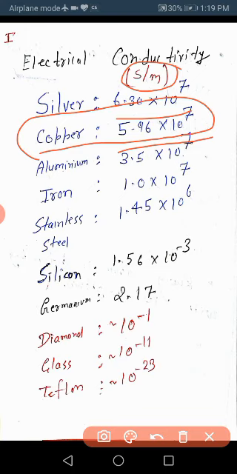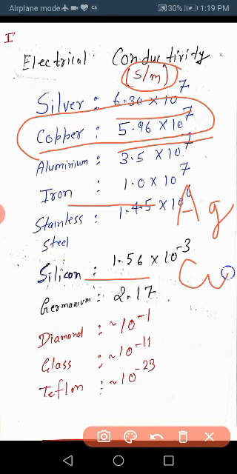The conductivity basically shows that if we have two wires, one of silver and one of copper, of the same length and same cross section, used for the same purpose, then the losses in the silver wire would be lesser than in the copper wire, because the conductivity of silver is higher than copper. But as we know, we need to consider the economic factors.